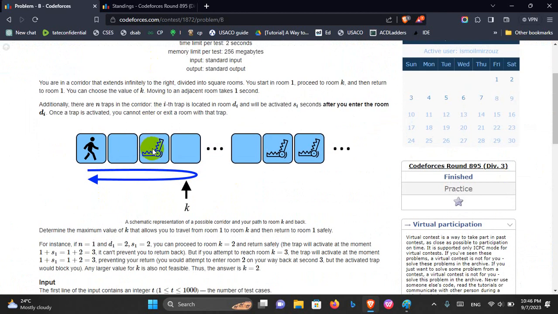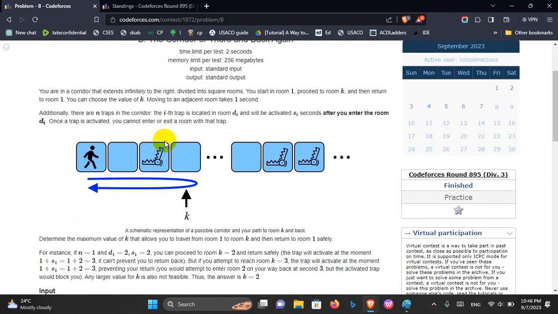Whenever we come to this trap, we have S_i seconds left before this trap kills us. So for example, 2 seconds. If we go there, it becomes 1. If we go there, it becomes 0, and we cannot go back.